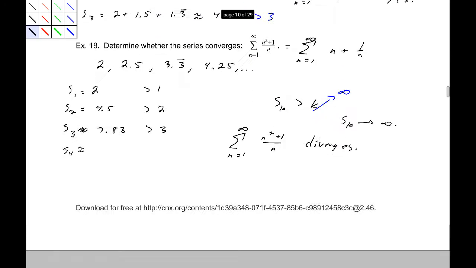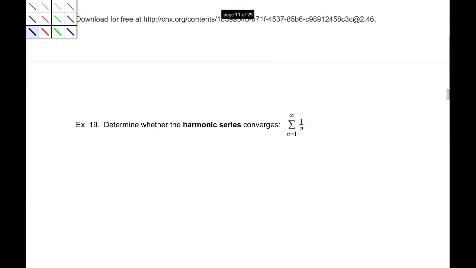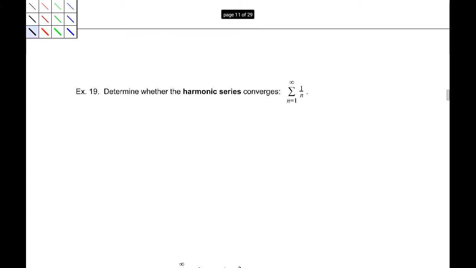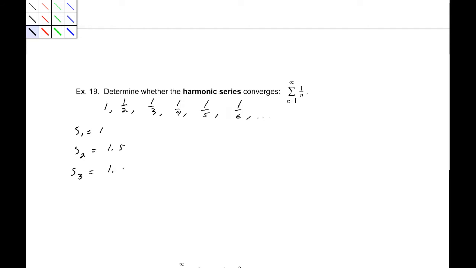Okay, now we're going to turn our attention to a very special series, the harmonic series. Determine whether this converges. Alright, so let's first make out our terms. Our sequence here is 1, 1/2, 1/3, 1/4, 1/5, 1/6. Our sums: S1 is 1, S2 equals 1.5, S3 is approximately 1.83 repeating.